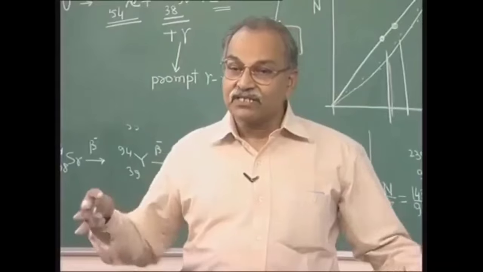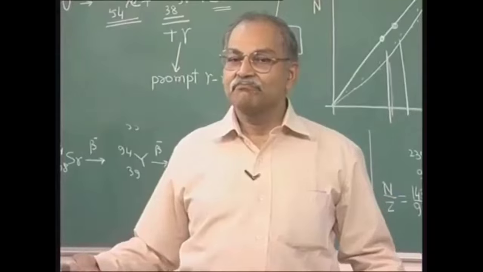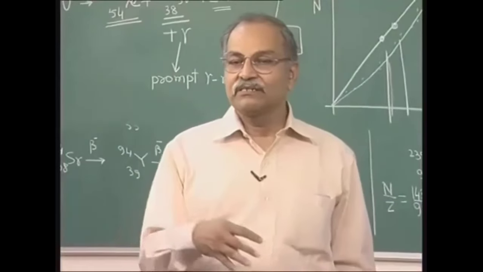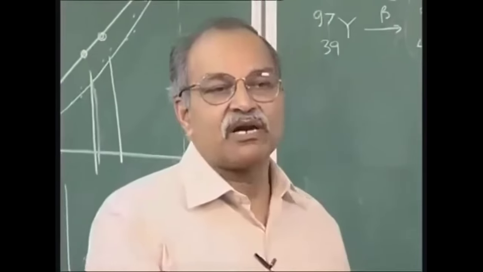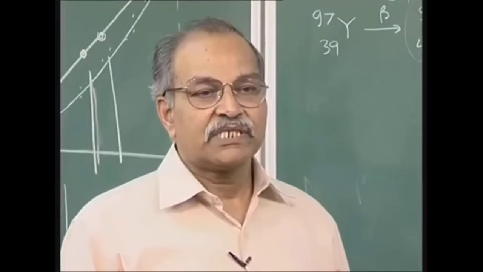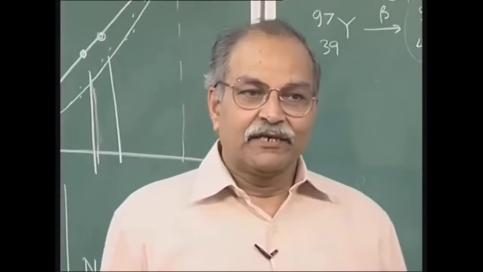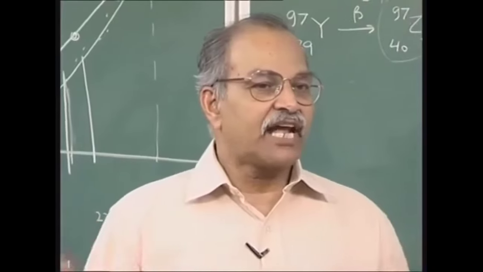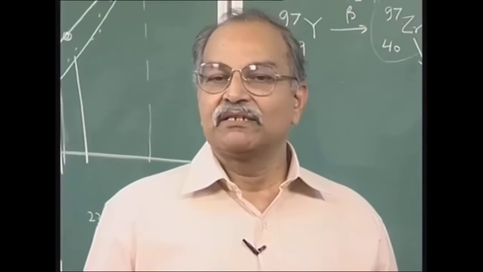So, the total energy which is made available through this reduction of rest mass in this fission process is distributed among the kinetic energy of the fragments, which takes the major part.